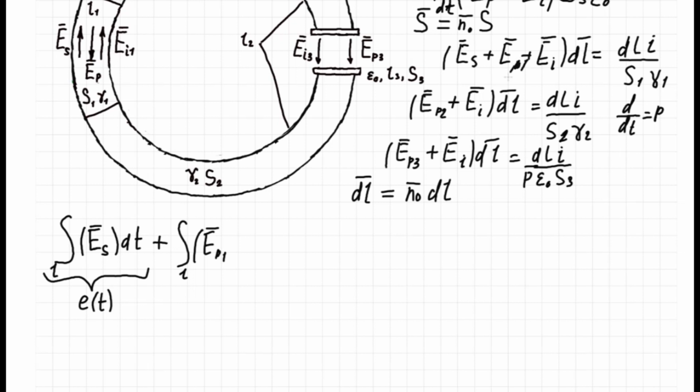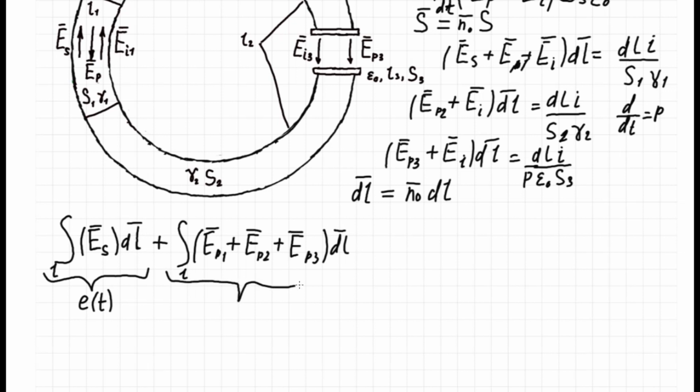Sorry, I have forgotten how it is. E P2, and plus E P3 dl dt is wrong. We will write here dl and vector, all vectors.